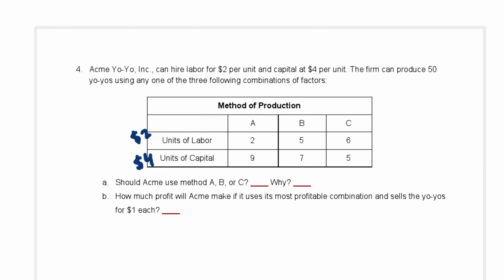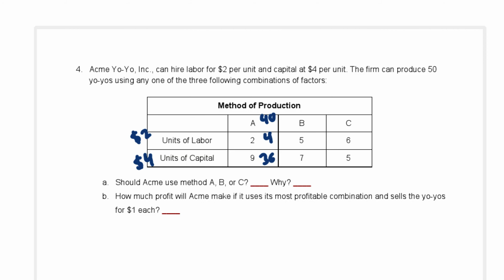So which one's less expensive here? We can add these up. So $2 times 2 is $4, and 9 times $4 is $36. So A is going to cost us $40, and we just want to find out which one's cheapest.